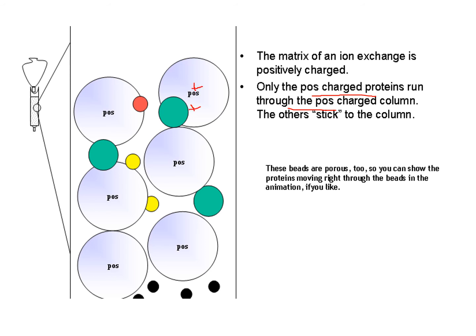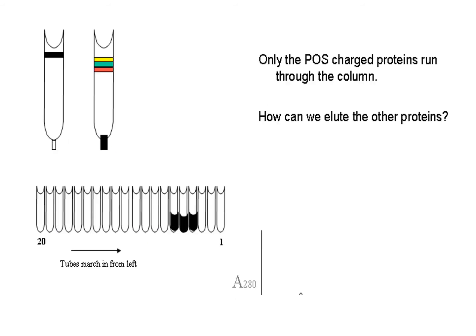They will be repelled. These will attract negative proteins. So in this cartoon, the black proteins, the small ones, have the positive charge, and so they go through first. The rest of the proteins are stuck attached to the resin.